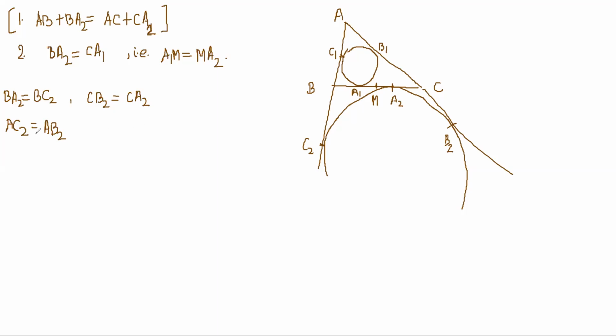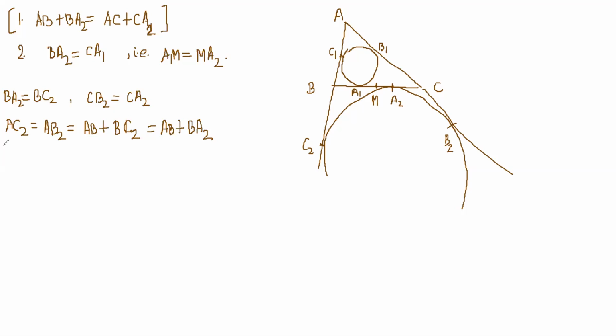So how? Because AC2 is equal to AB2, AB plus BC2 is AB plus BA2.